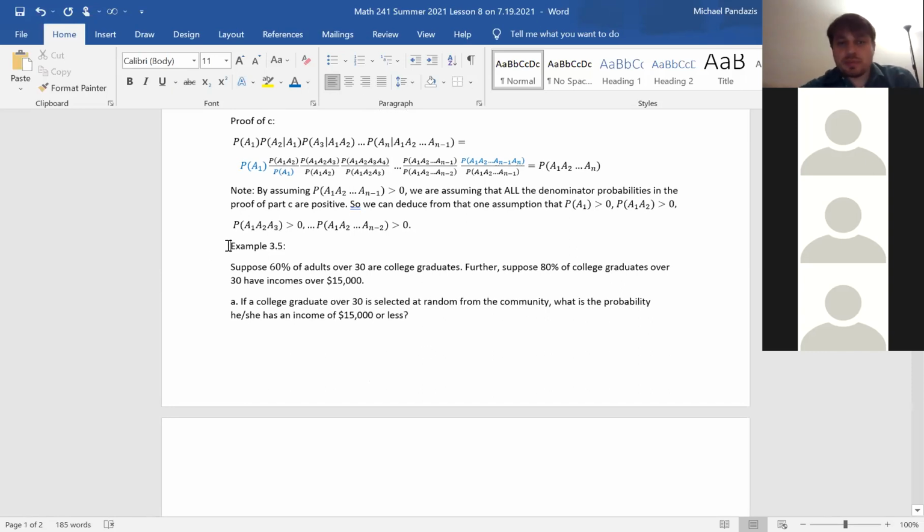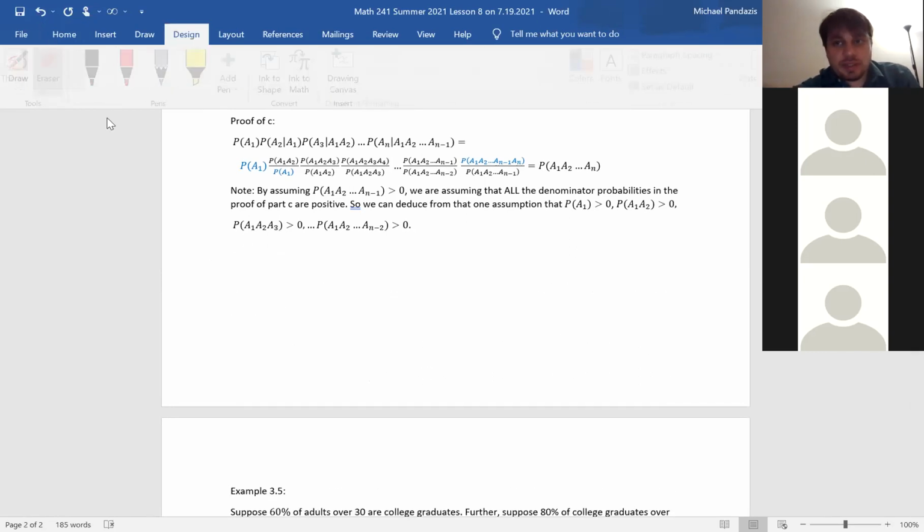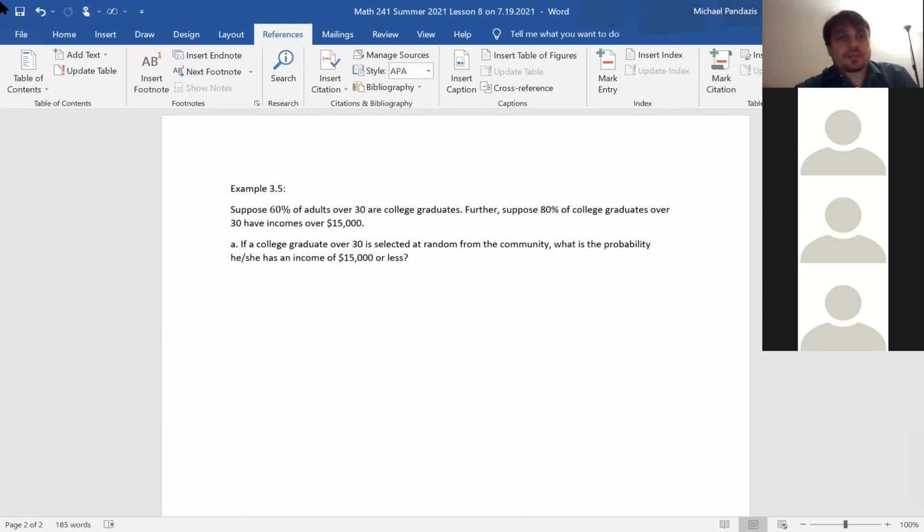So for this, I'm going to move this to the next page. That way we have plenty of space. So suppose 60% of adults over 30 are college graduates. Further, suppose 80% of college graduates over 30 have incomes over 15,000. If a college graduate over 30 is selected at random from the community, what is the probability he or she has an income of $15,000 or less?